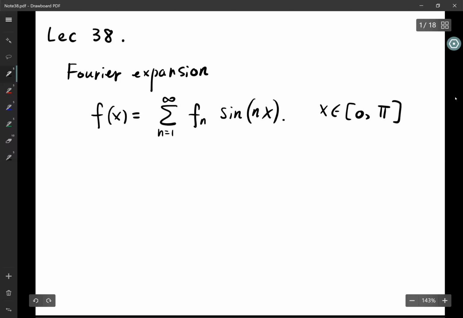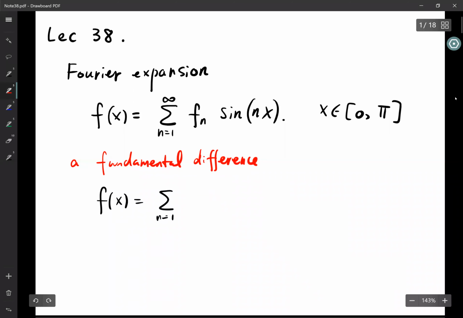So we learned that there is a fundamental difference between expansion with an infinite number of basis functions and the following expansion, which is a finite order truncation.